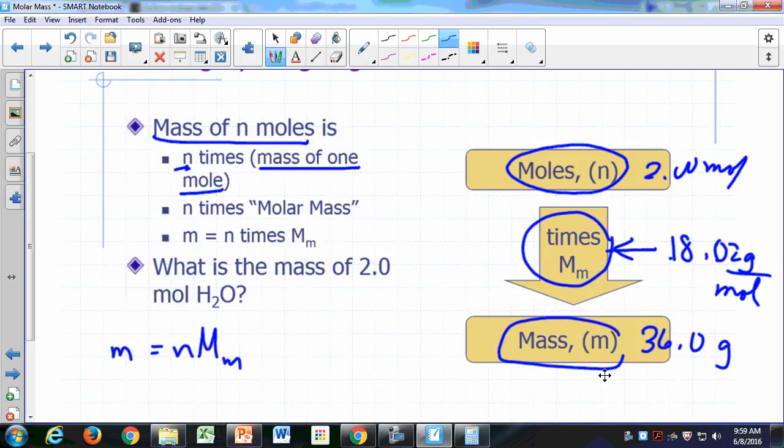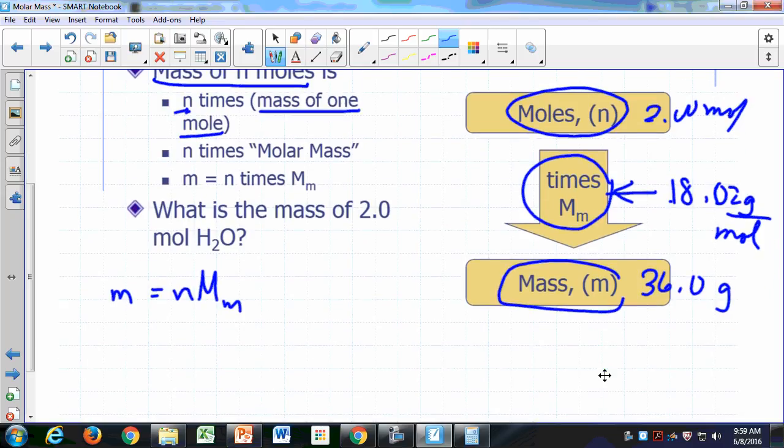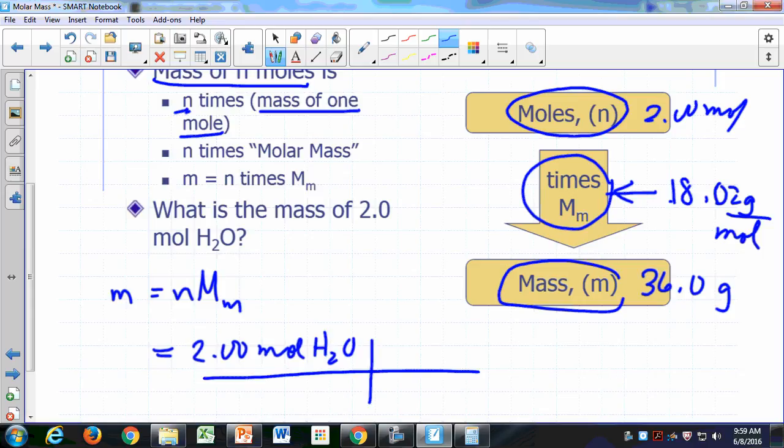2 times 18. So let's apply that, solve that systematically here using this formula. Number of moles is 2.00 moles of water. And your molar mass is 18.02 grams for 1 mole of water. So you can say there's 18.02 grams of water for 1 mole of water.